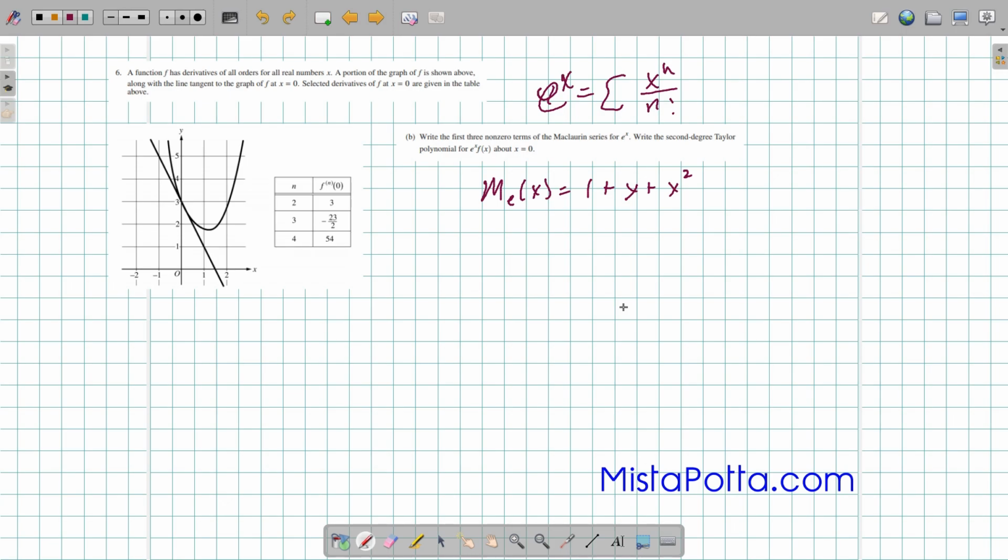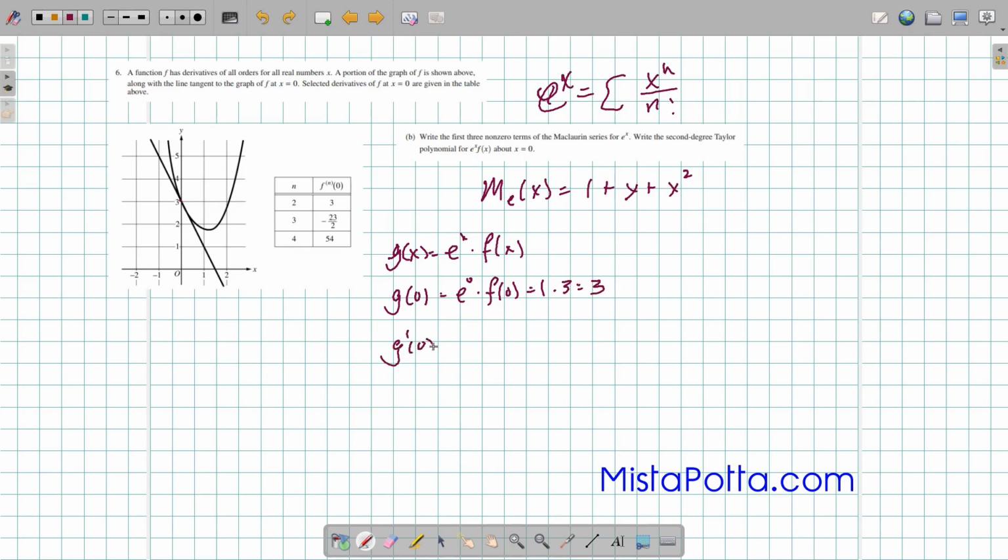And then I have to write the second degree Taylor polynomial. If I'm going to do that, I need to know what my function, let's call it g, is. So g of x is e to the x times f of x. So g of 0 is going to be e to the 0 times f of 0, which is 1 times 3, or 3.